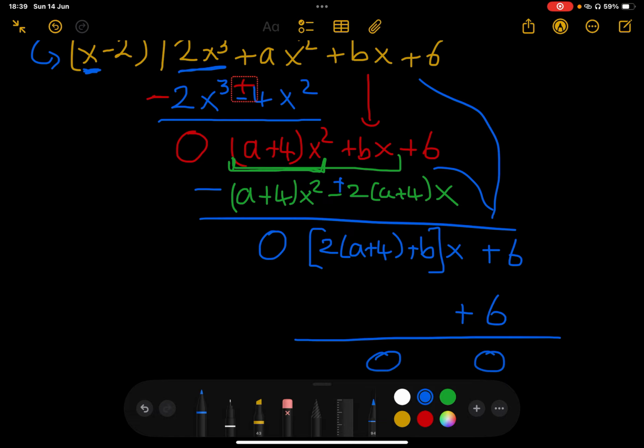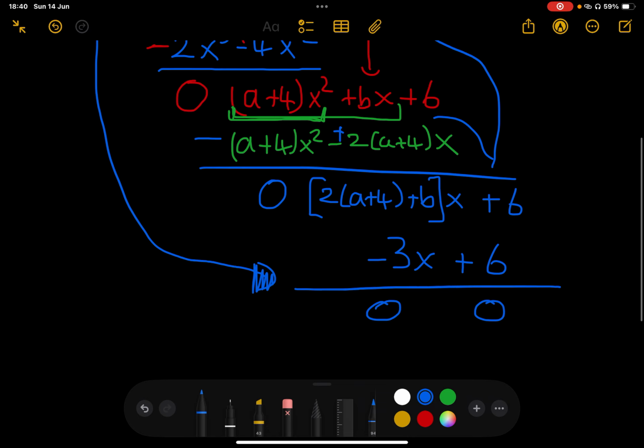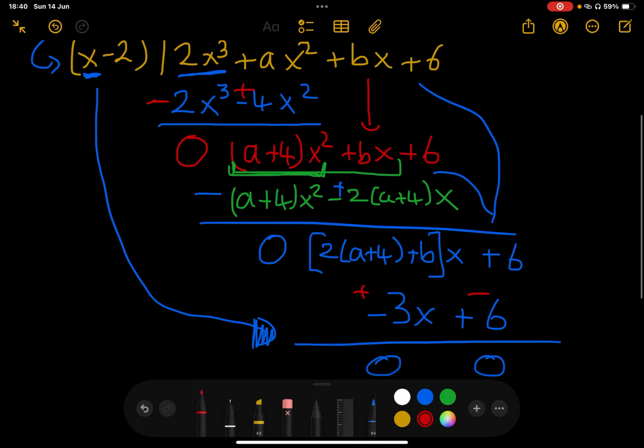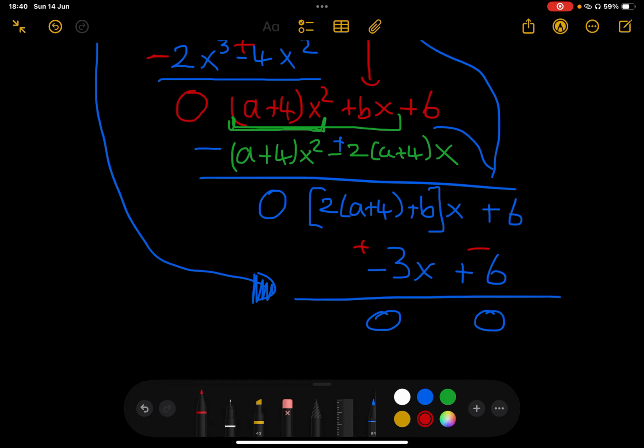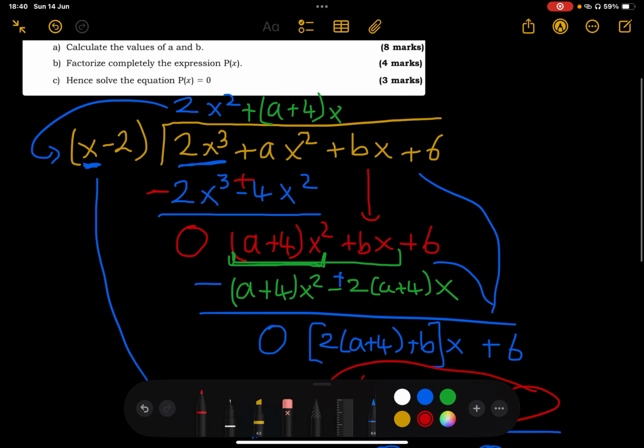And to make the plus 6 work, it will be multiplied by minus 3, right? Like minus 3x plus 6 will give us a 0 here, once we change the sign. Okay, because I know I want a 0 at the end, I know that what I want on this final line is this number. So that's minus 3.